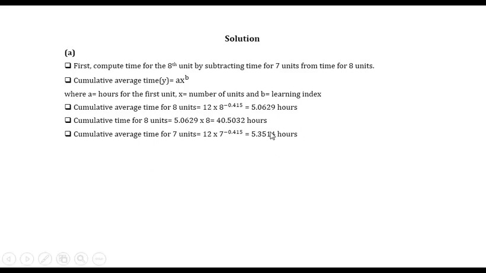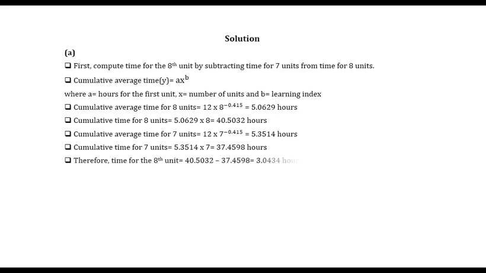Then we obtain the total cumulative time, not the average. We multiply the average time by 7 units and we have 37.4598 hours.